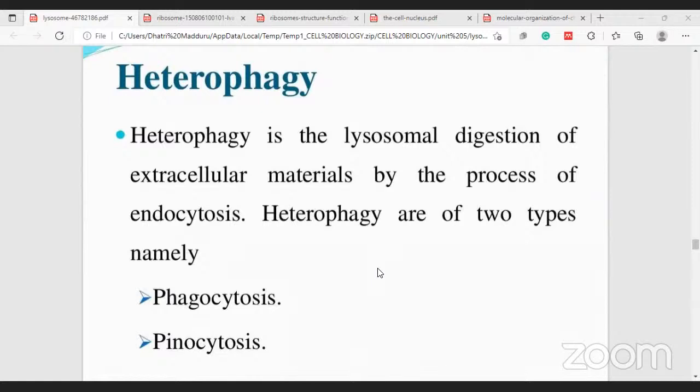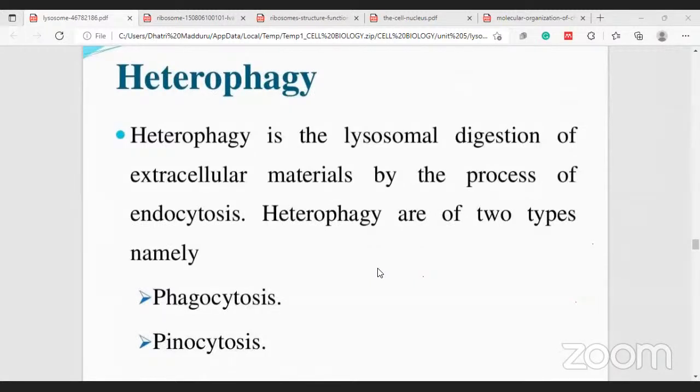So it is not an autophagy. Auto means self-eating. Heterophagy means the extracellular material, like pathogens, gets digested in the lysosomes by the process of endocytosis. I told you about endocytosis, pinocytosis, and phagocytosis in some other class.